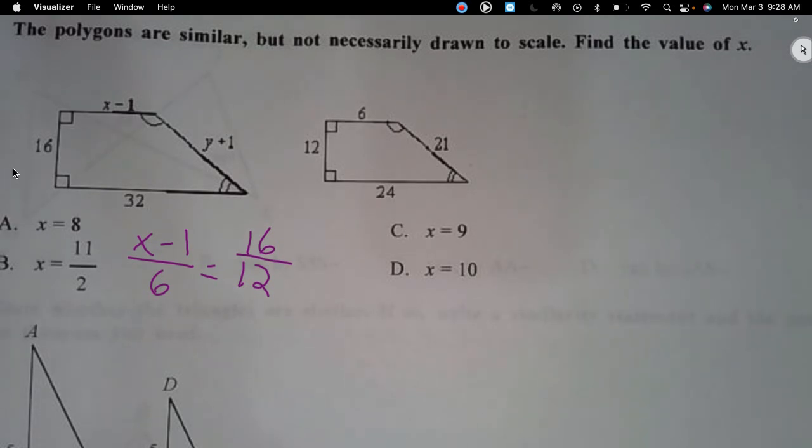You're just matching. I'll match these two to these two. And then we cross multiply. So 12 has to be multiplied to both of those things. So that's 12x minus 12. And what's 6 times 16? Is that 96? Everybody good so far? Then what do we do? Add 12.